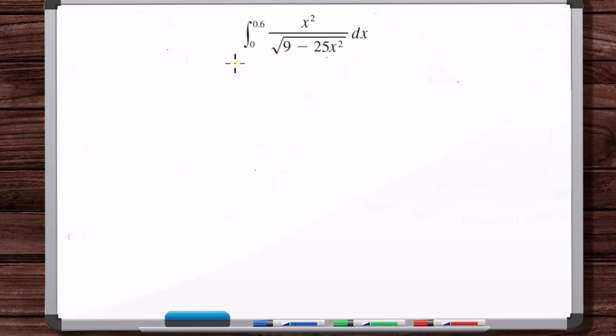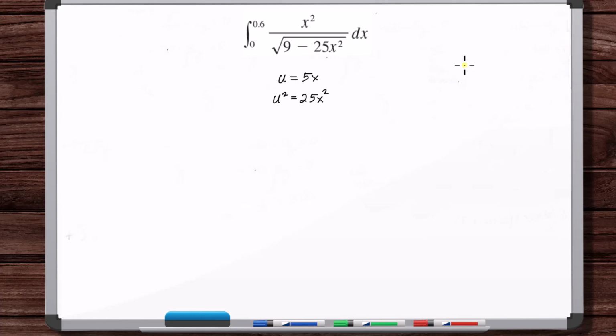So here, just looking at this, we don't see an explicit a squared plus or minus x squared or x squared plus or minus a squared. But if we look at this, we can transform it into something like that. So if we said that u was equal to 5x, then u squared is equal to 25x squared.